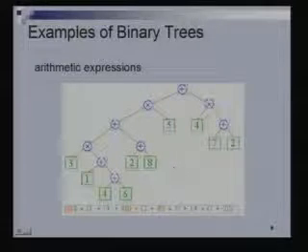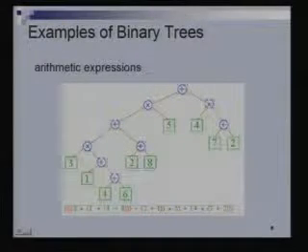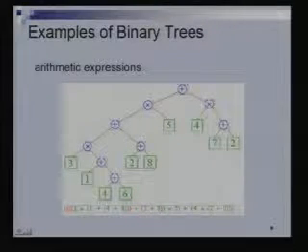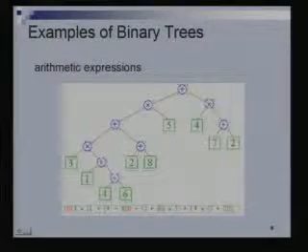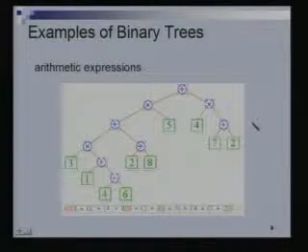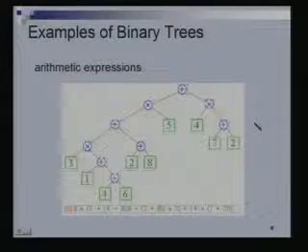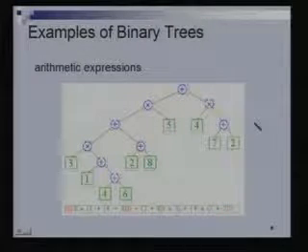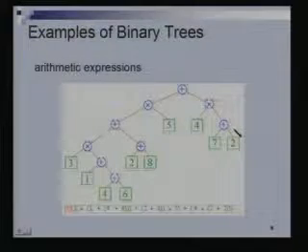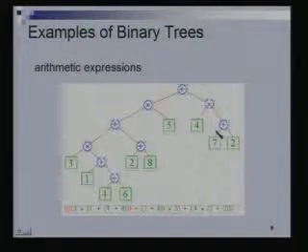If every node has 2 children, then a tree has to have leaves, so it cannot be the case that every node has 2 children. Some nodes have to have no children. So just the requirement that every internal node has 2 children doesn't imply it's a complete binary tree, and this is a counterexample to that. Every internal node here has 2 children, but this is not a complete binary tree.